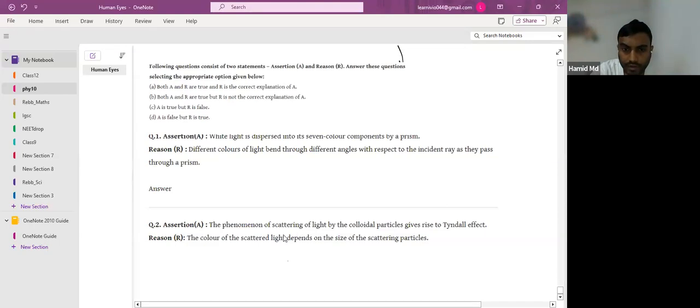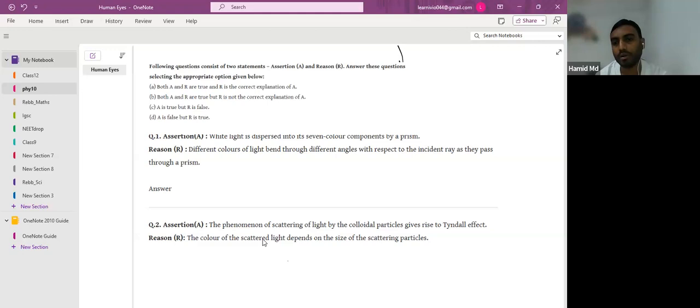is the color of a scattered light. In Tyndall effect, you might be having different types of color spectrum, but it is not because of that. It is because of the bending of light. When light goes from one medium to another medium, there is a scattering, in reflection as well.